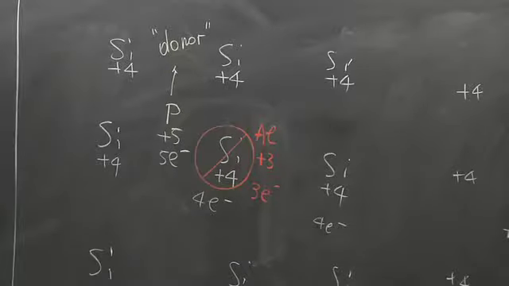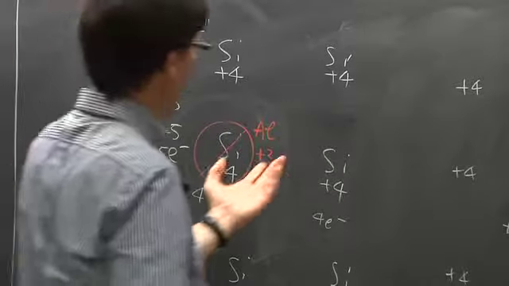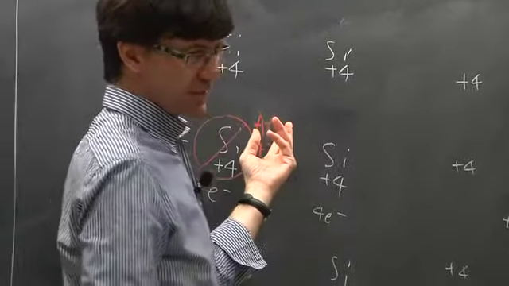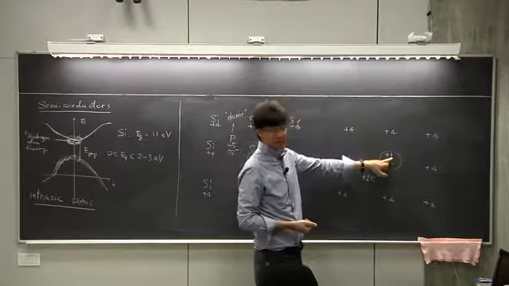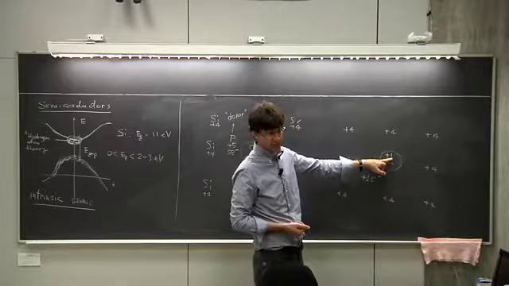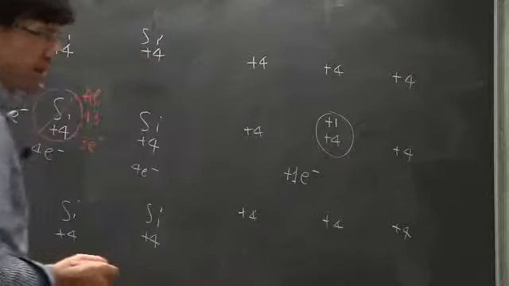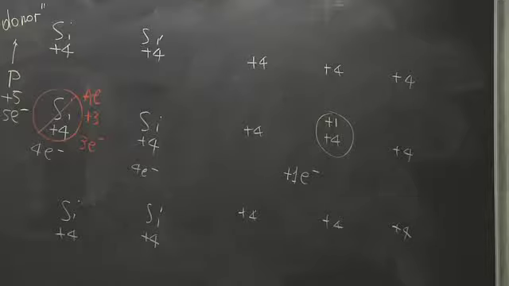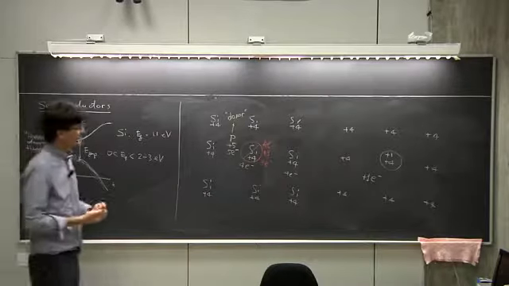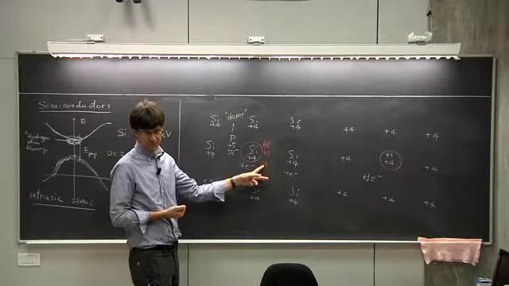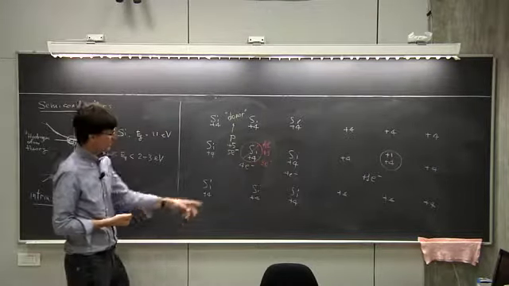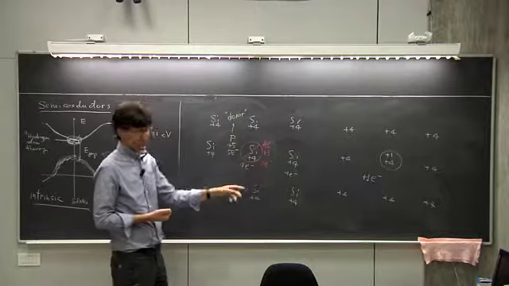What about aluminum? Well, now the argument is exactly the opposite. Instead of having a +1 charge here, I have a -1 charge that I need to add, or at least I need to remove a little bit of Coulomb attraction at that site. And at the same time, I need to remove an electron from my system, because I have to go from 4 to 3 now.